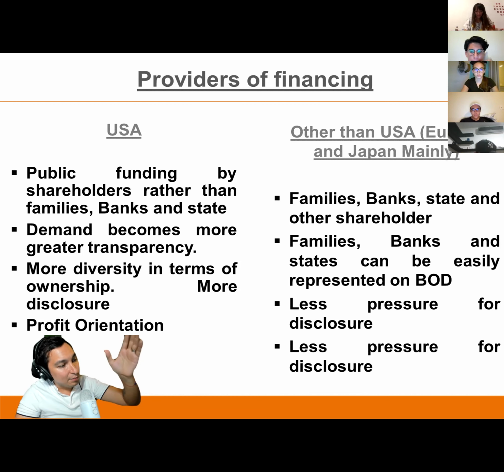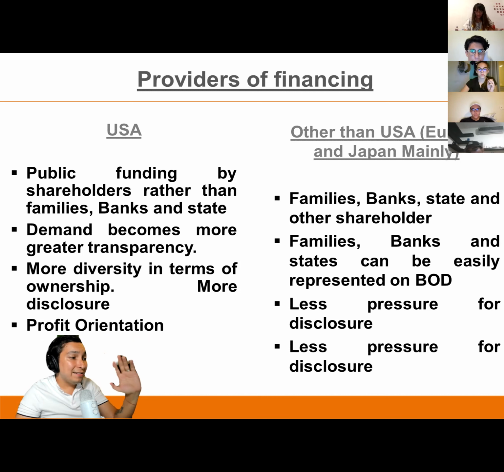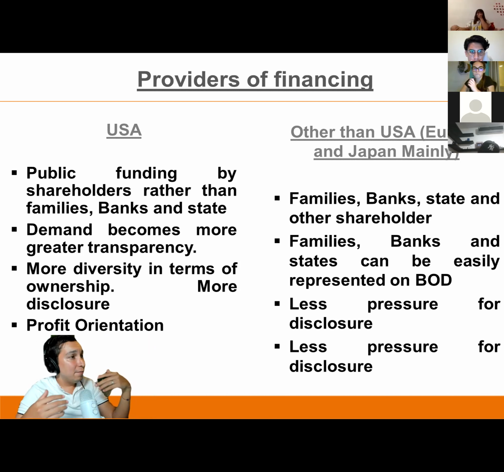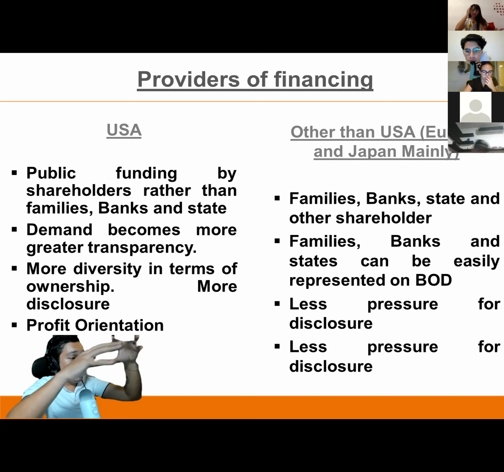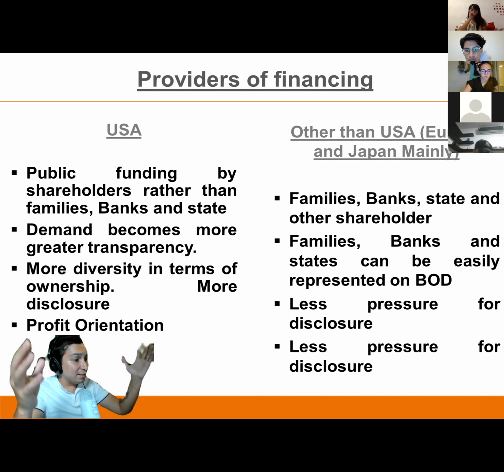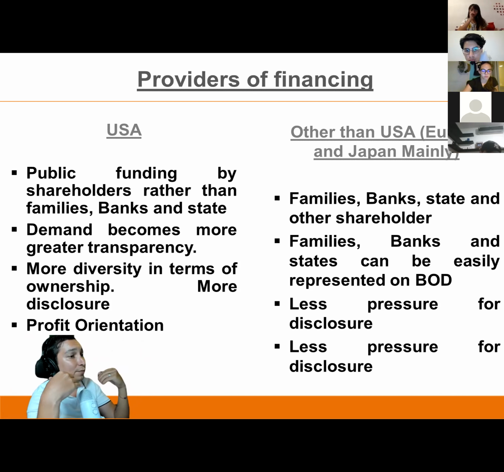That represents 70% of direct investments in Mexico. But what it means is that it's less regulated than public companies, because if you go public like in US, which is way easier than in Mexico, you can have access to public funding. That means that as there is a larger base of shareholders, they demand to have more transparency.